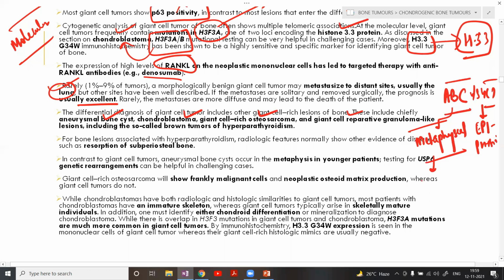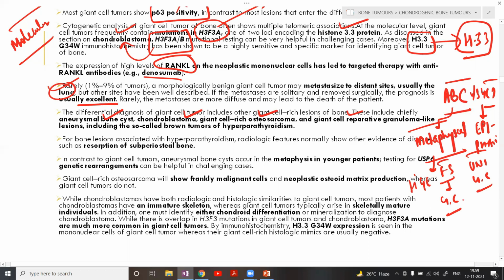Histologically, in ABC there will be lots of areas showing hemorrhage, and the fibrous septa separating these hemorrhagic areas contain the giant cells, whereas in giant cell tumor you see uniformly distributed giant cells throughout, and you do not have much hemorrhagic or cyst-like areas. Even if some cyst-like areas are there, they are in the background of typical giant cell tumor.